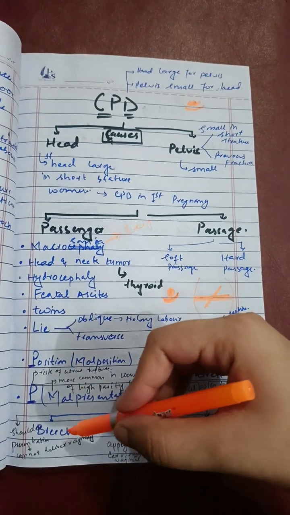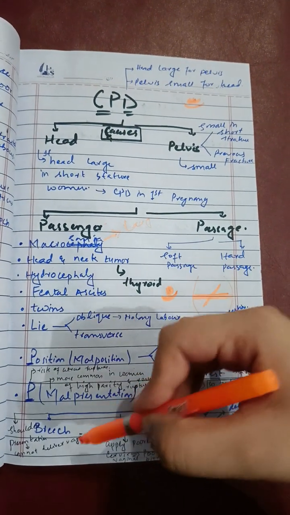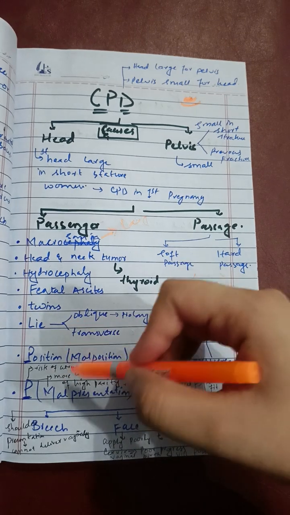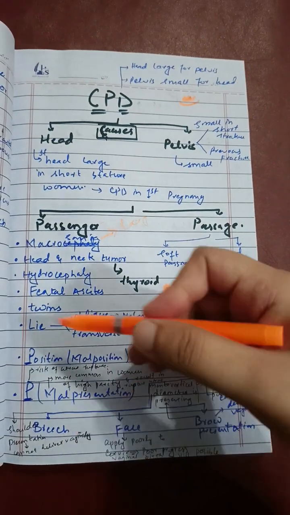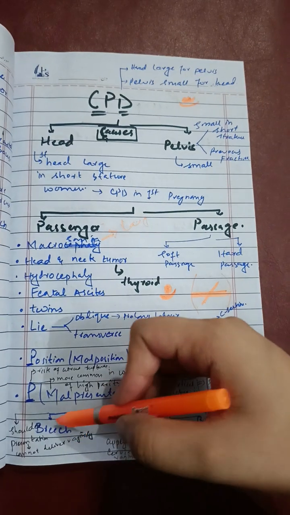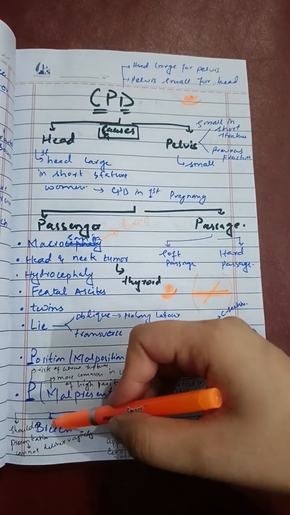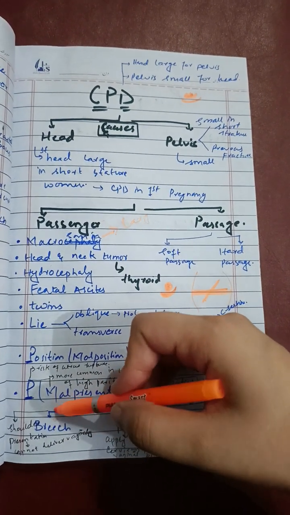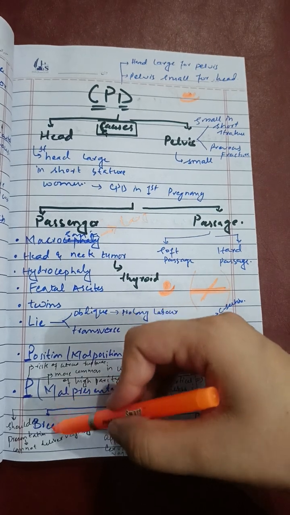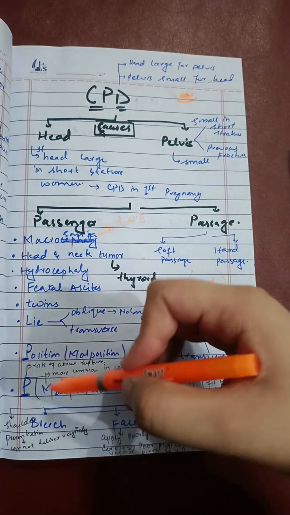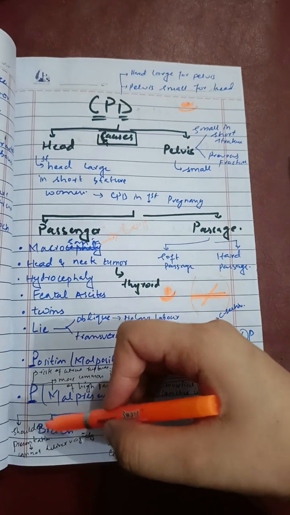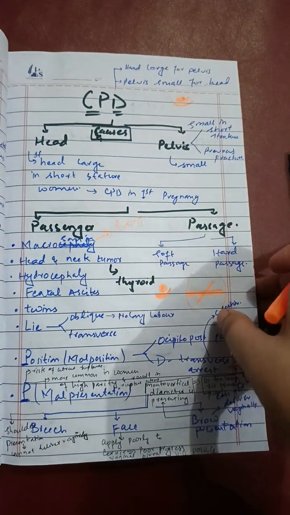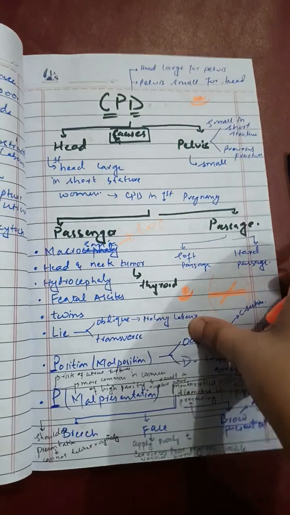In a normal pregnancy, the presenting part will be the head of the fetus, but in the breech presentation, either the buttocks or the feet or the legs of the fetus will be the presenting part. It causes difficult labor and prolonged labor. So first we will do external cephalic version, and then vaginal delivery, and it can lead to prolonged labor. And if there is shoulder presentation, it can also lead to prolonged labor.